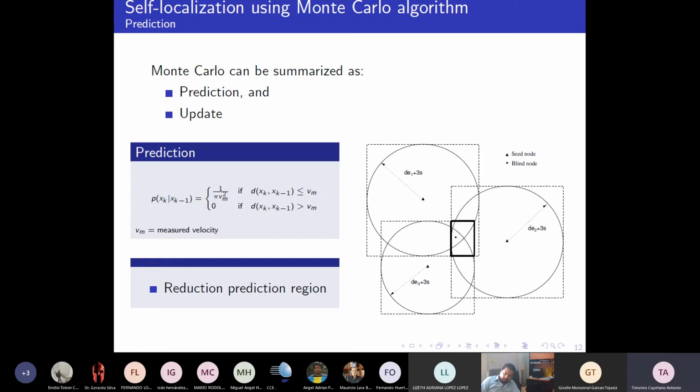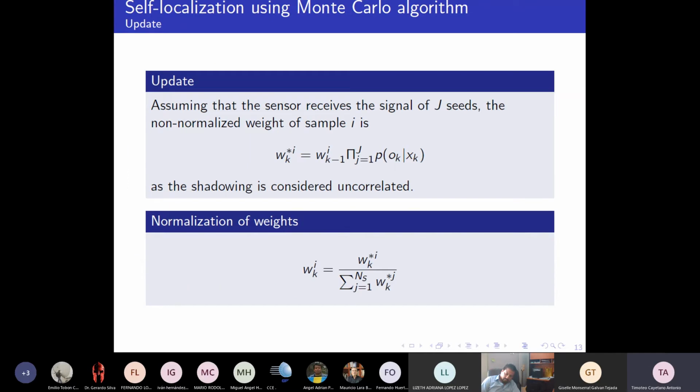The next step, the update step, consists of assigning a weight to each of these samples. The Monte Carlo algorithm proposes that these weights can be assigned by the observational PDF. In this case, it is the PDF expressed in decibels, the PDF of power loss that I have shown previously.